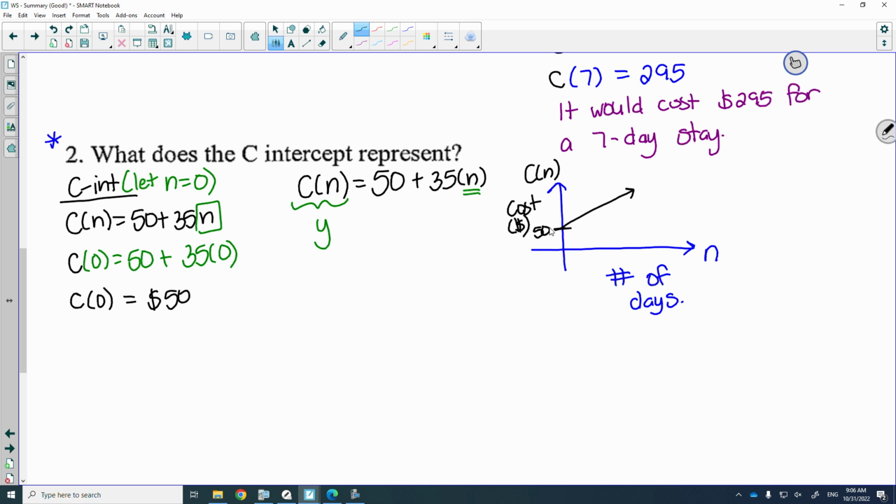Okay, so what does it represent? We would say $50 to drop your dog off. And remember, that's how you calculate it, right? If you want this intercept, you let the other letter equal 0.